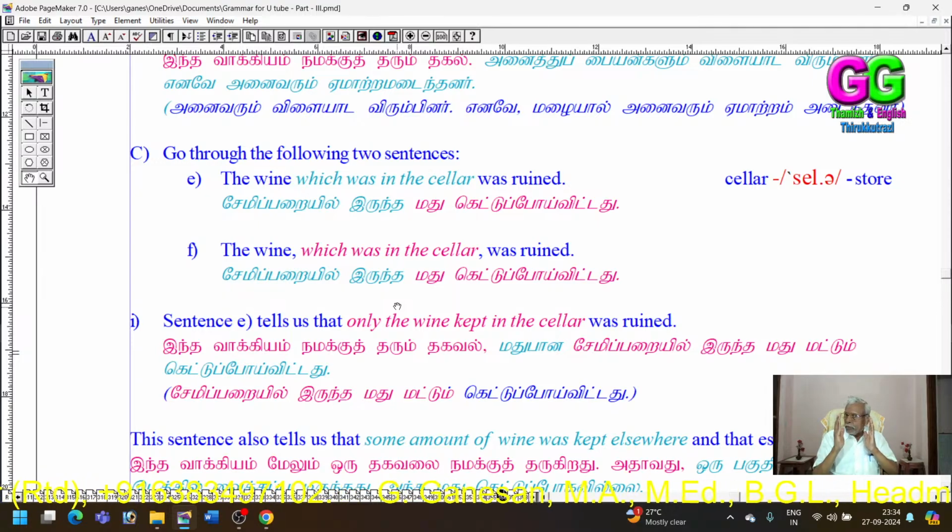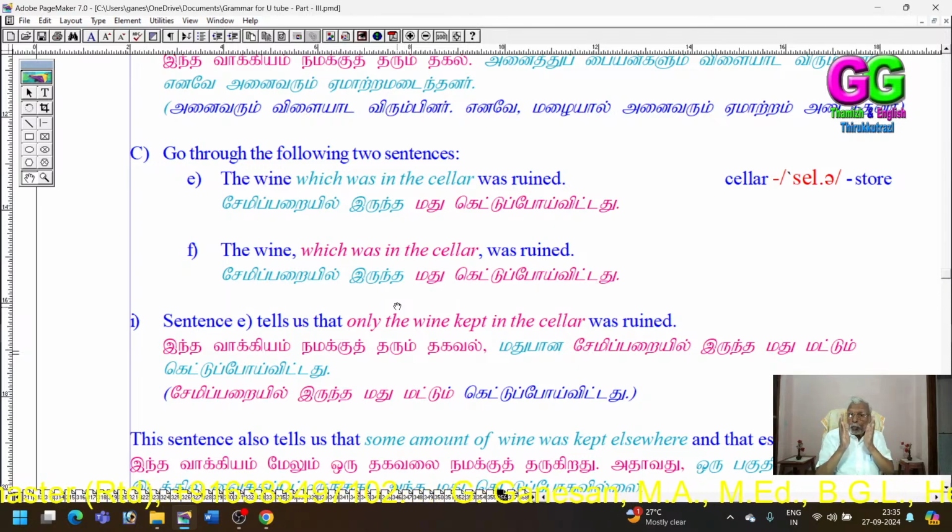So when a content is used in a defining relative clause, it has two meanings. That is, only those amounts, or only those boys, or only those travelers, is one meaning, and another part of travelers who are not connected with it. That has two kinds of meanings. Regarding the wine: the wine which was in the cellar was ruined.